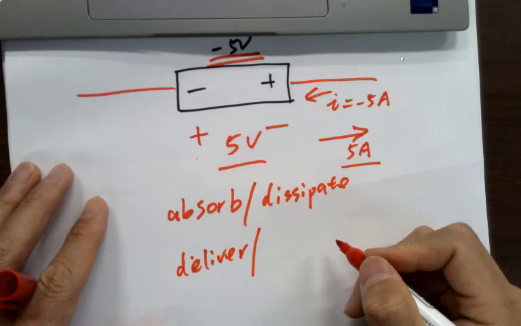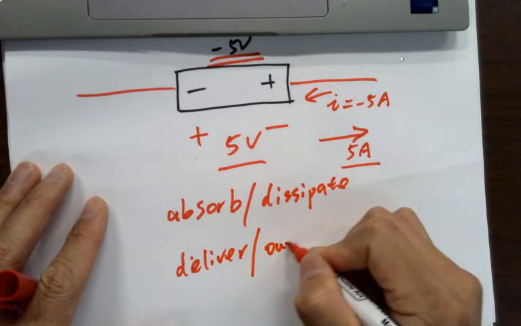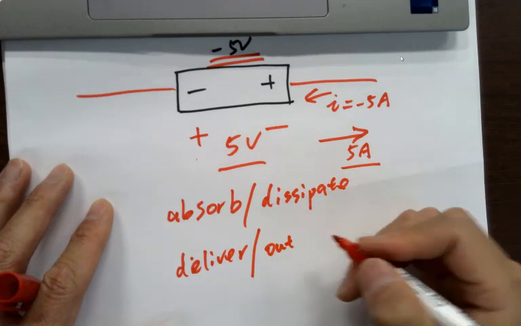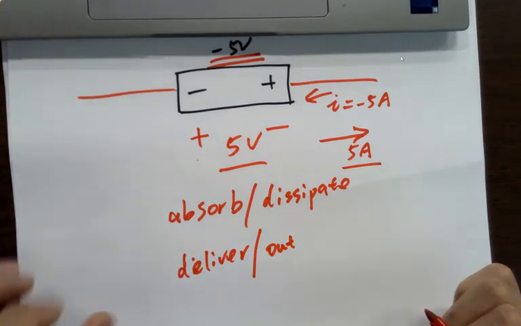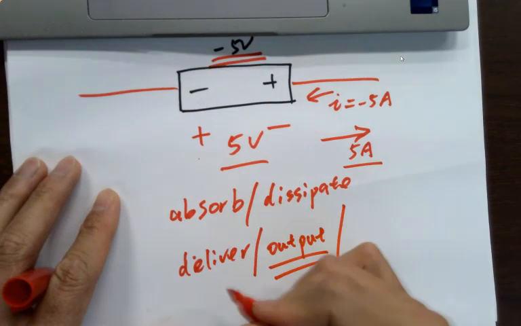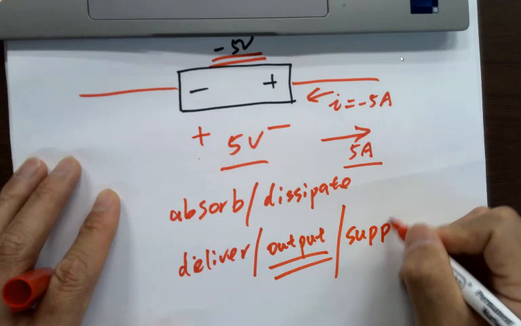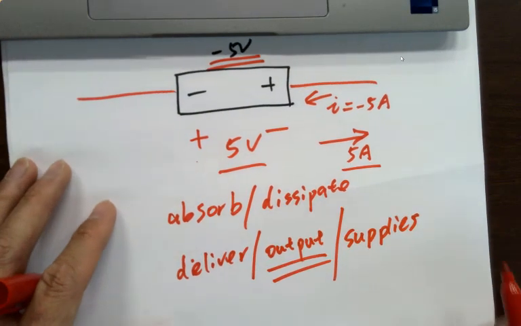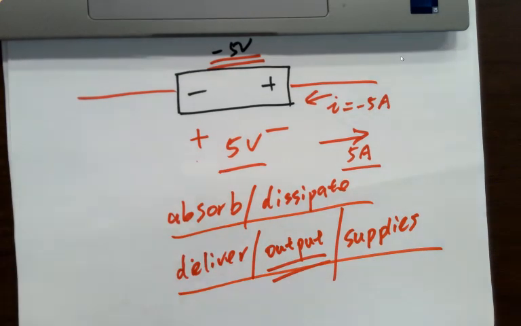What else? Providing, supplying, right? That's what they usually use, supply. Voltage supply, power supply, right? I think they didn't use output, they just use supply or deliver. That's what they use in the problems. So you know what they are, okay? Absorb, deliver. So now let's see these two situations.